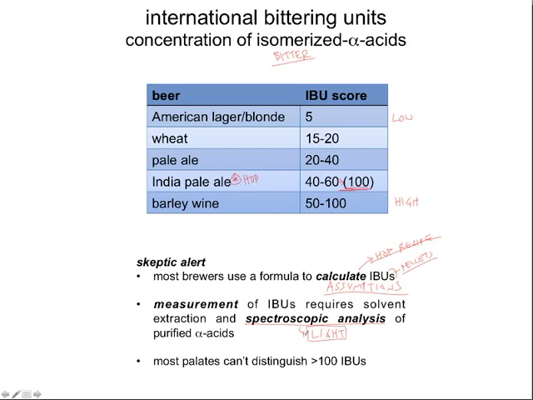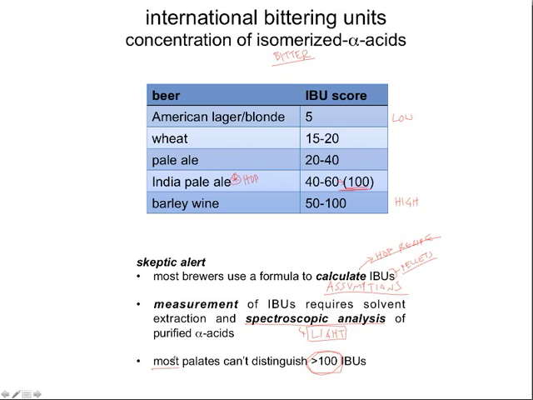The other important point I want to make is that you can find beers with IBU ratings that are more than 100. The truth, however, seems to be that most people's palate can't distinguish anything greater than that. And so, yes, you can add more and more alpha acids, but at some point it ceases to affect the flavor in a way that depends on the individual, right?